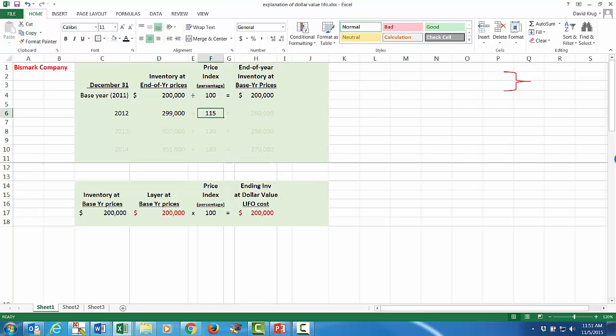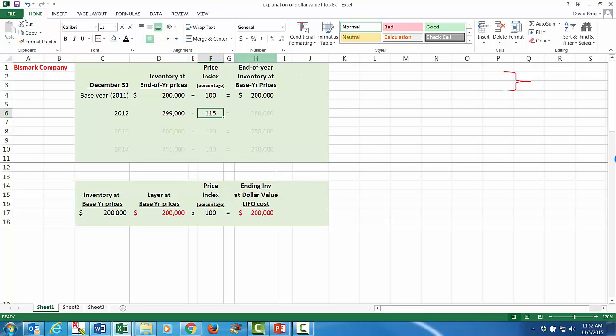There's also trade associations that will publish a price index. But what they're basically telling you is how much did prices rise from this period of 2012 compared to 2011. And they're saying that prices rose 15%.